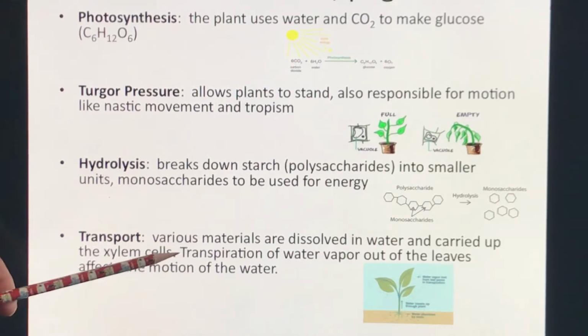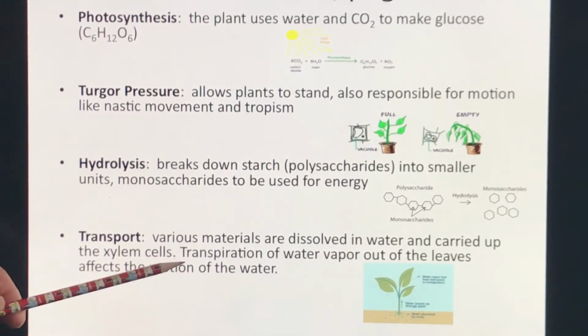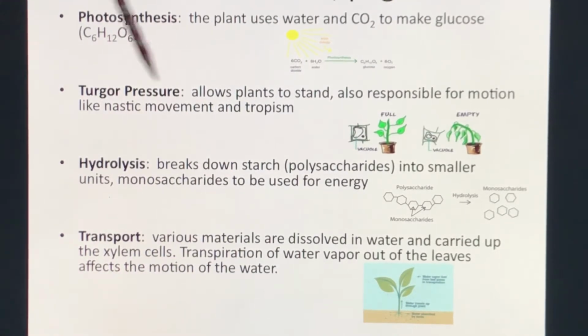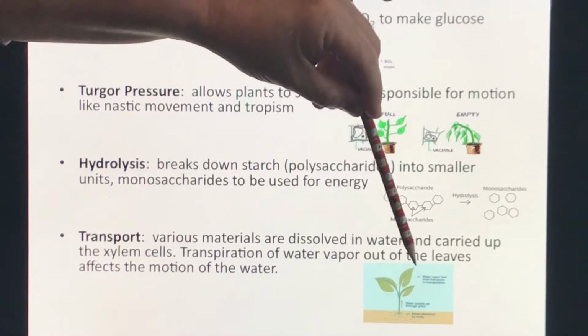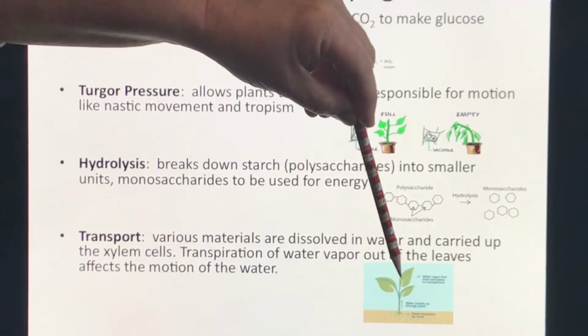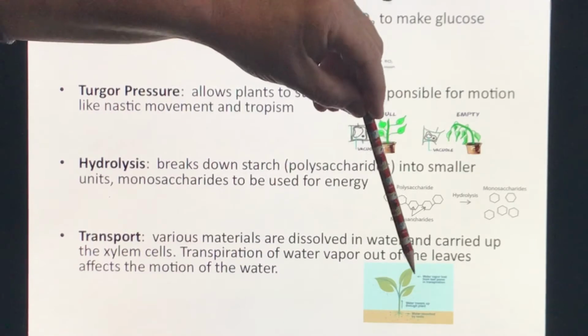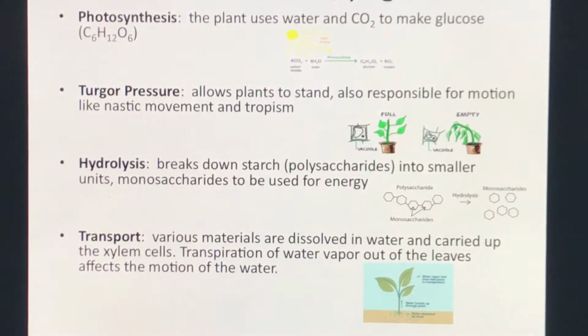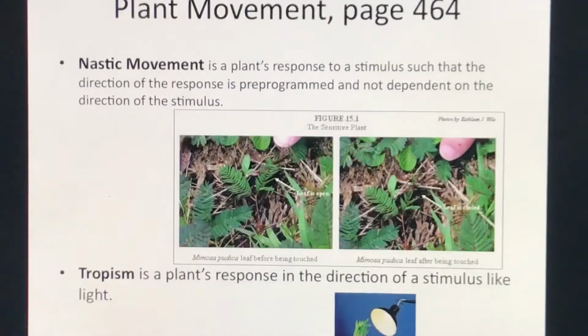And we'll also be looking at the transpiration of water vapor out of the leaves. It evaporates up in the leaves, but that evaporation will draw water up from the roots all the way through the plant. So these are just a nice summary of the importance of water in plants.